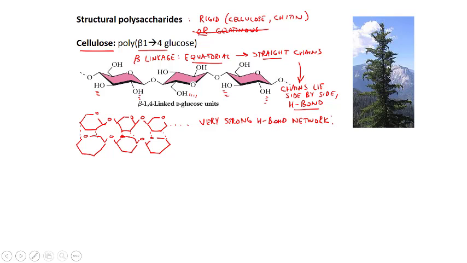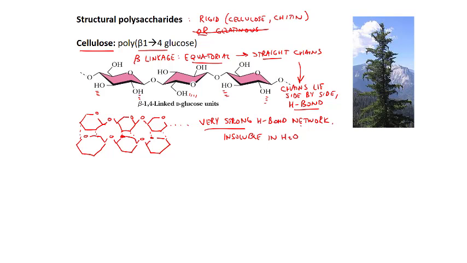The hydrogen bond network in cellulose is so strong that it's actually insoluble in water, which is pretty remarkable because if you look at a molecule of glucose, that's a pretty polar molecule. You would expect that to dissolve in water. But in fact, the hydrogen bonding between the cellulose molecules is so strong that splitting it up to form new hydrogen bonds with water is energetically unfavorable.